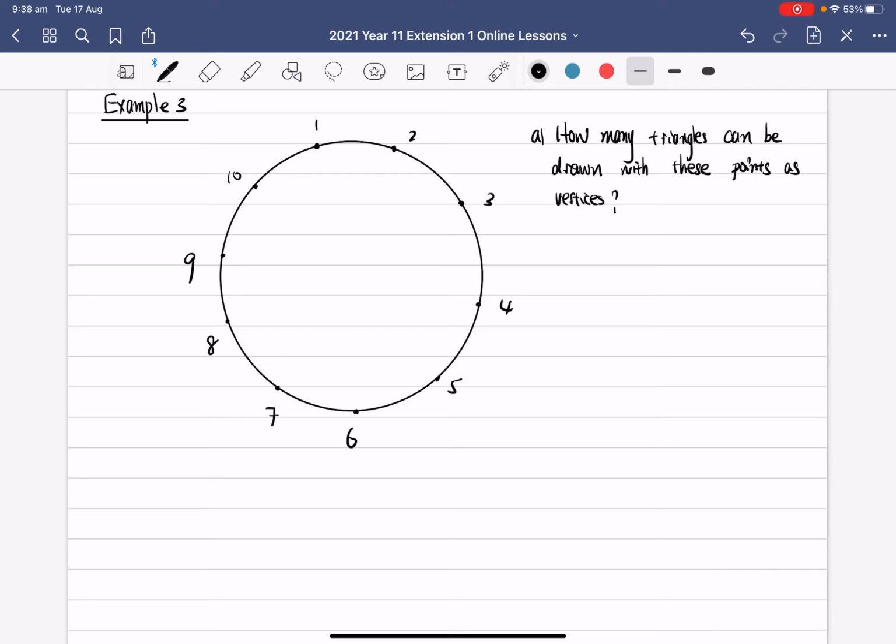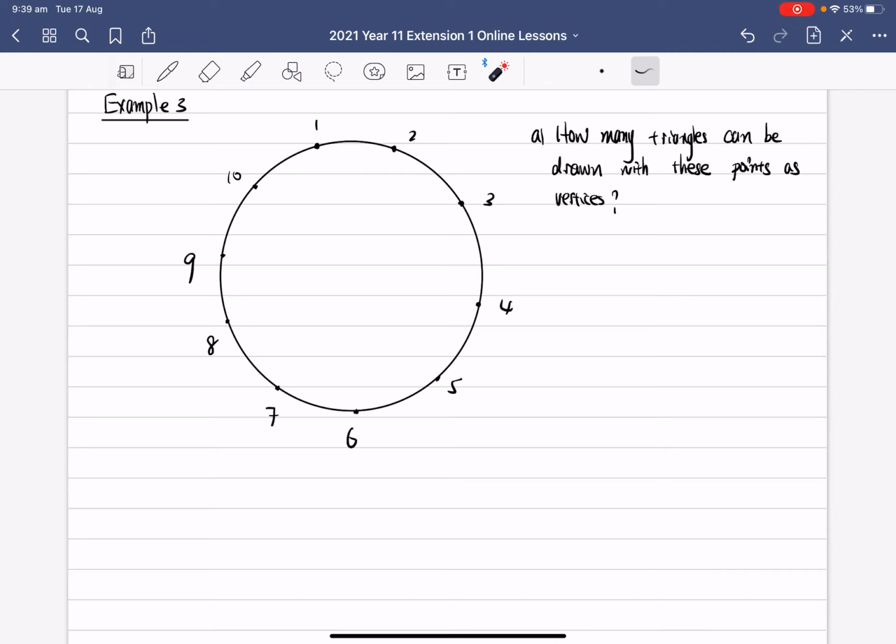If we pick any 3 points, since this is a circle, there will be no 3 points that form a line. Any 2 points will form a line, but no 3 points form a straight line. So it will always be a triangle if you just pick any 3 points on the circle.